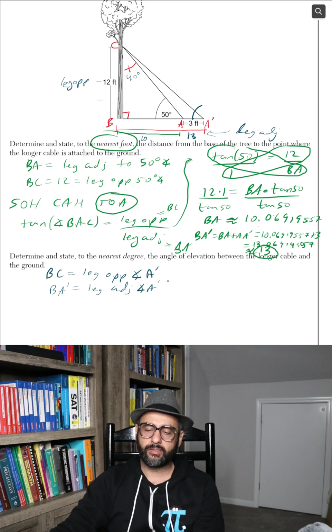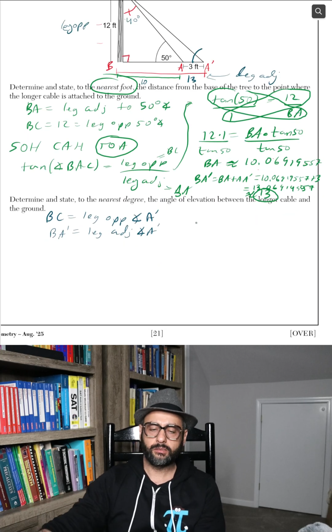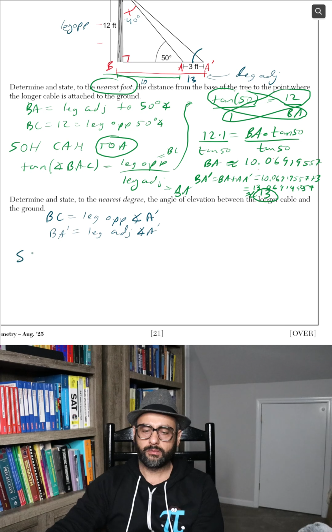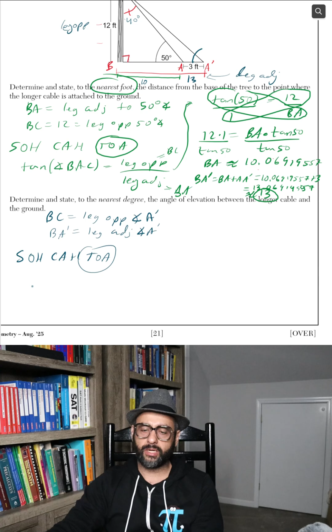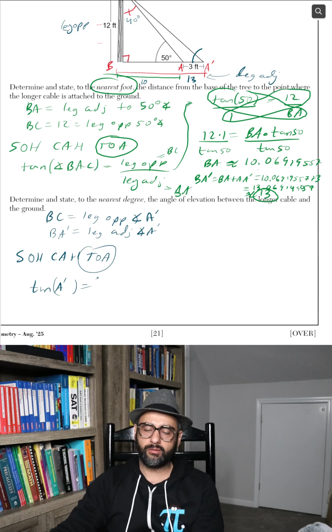And so I use SOHCAHTOA again, with the one that has the leg opposite and leg adjacent. So I got tan A prime is equal to the leg opposite, which is 12, over the leg adjacent.